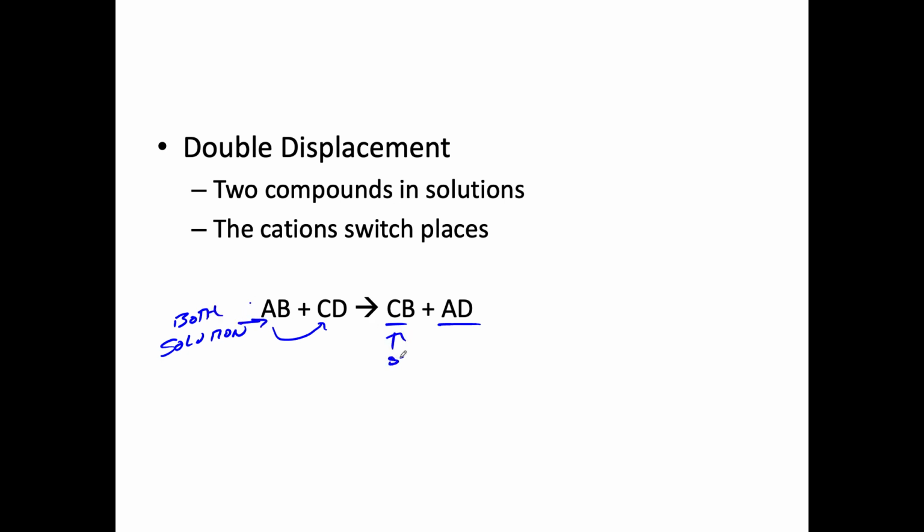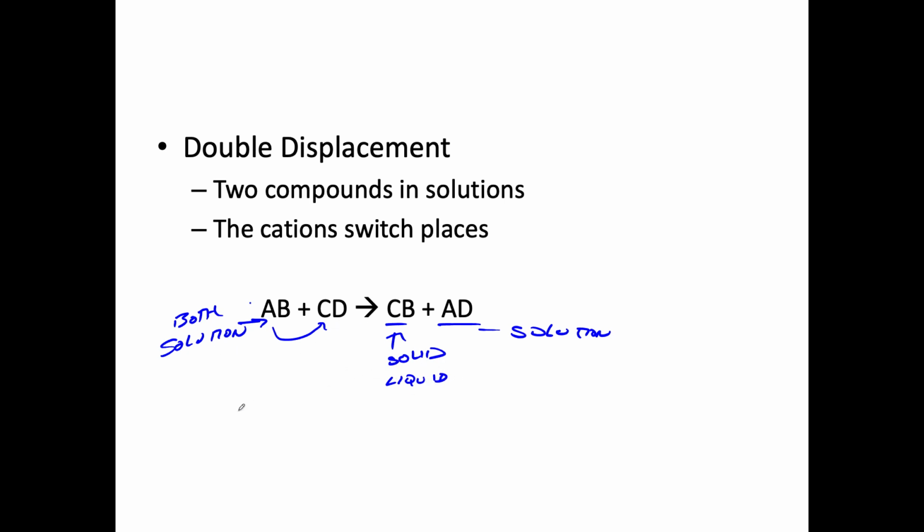This is going to be a solid, and this is still in solution. So with a double displacement, we're taking 2 solutions, combining them together, and we get a solid produced. Sometimes a gas, but usually a solid. And I'm going to rephrase myself: you can also have a liquid produced. I'm thinking about acid-base reactions, which are a particular type of double displacement, and we'll get into those later.